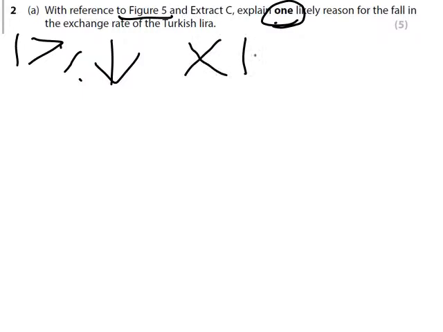So with reference to figure 5, that was where the Turkish lira had dropped about 17%. One likely reason for the fall in the exchange rate of the lira. So one likely reason, we don't need a definition. It mentions two key things, one of them being a fall in exports due to China's economic growth slowing down.